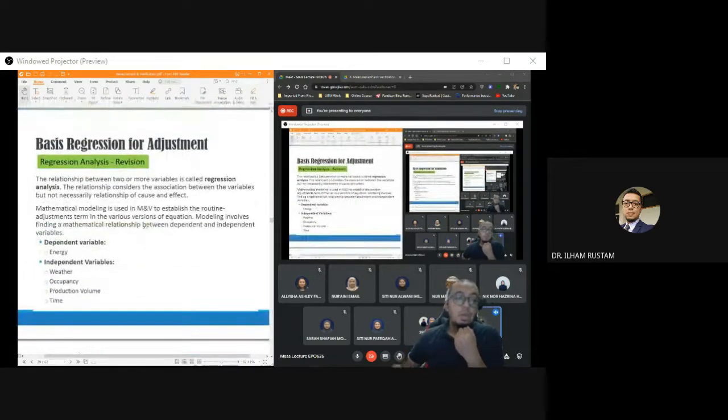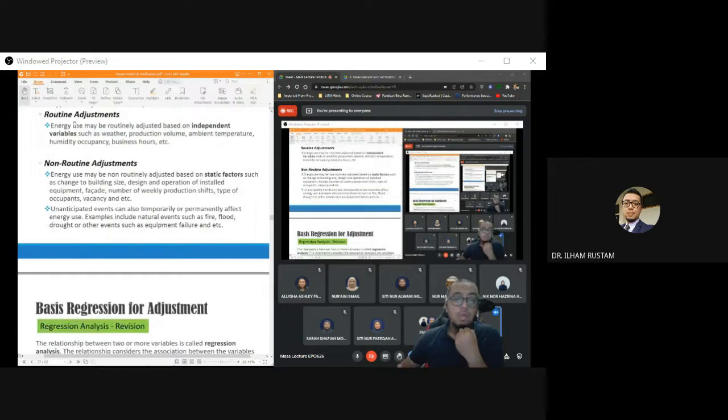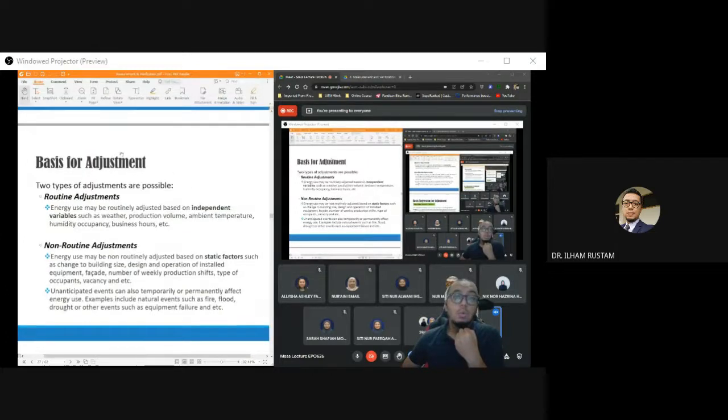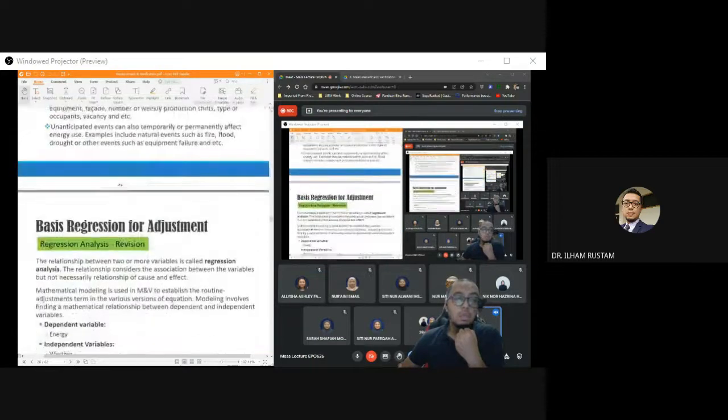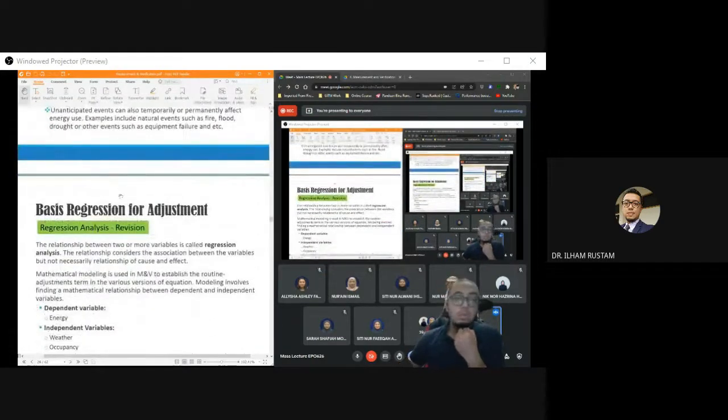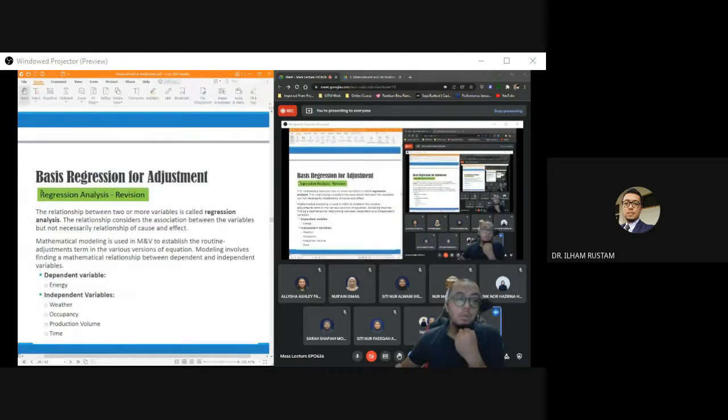Okay, and in order for us to relate the variables for this, to find out the relationship between adjustment and also the baseline equation and the reporting period equation, you have to perform regression analysis.